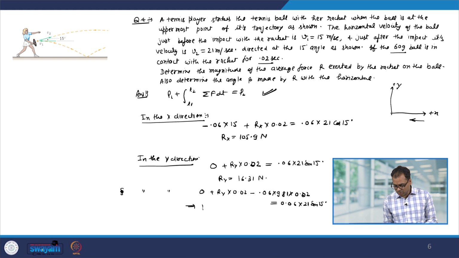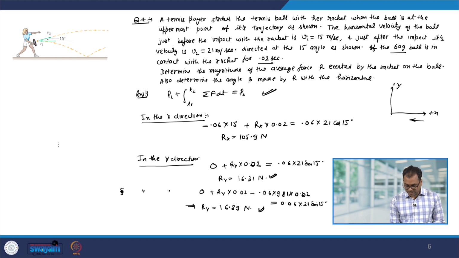In that case, Ry comes out to be 16.89 Newton. So, you can see that even if we do not consider gravity, the difference is very small, because the impulsive forces are acting for a very small duration.